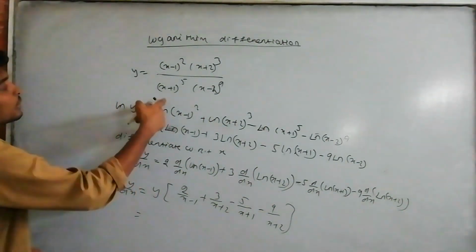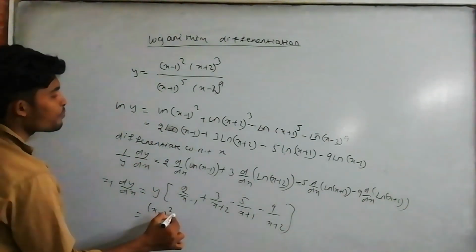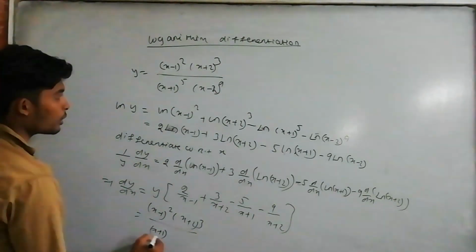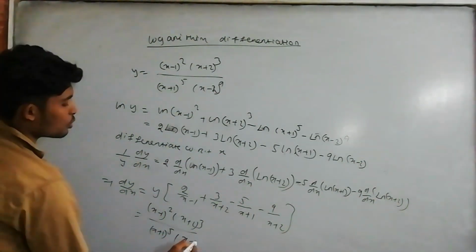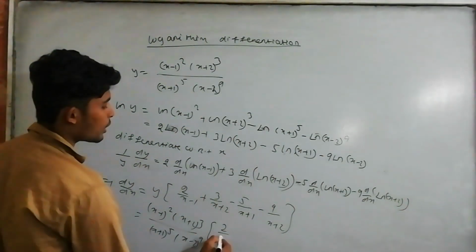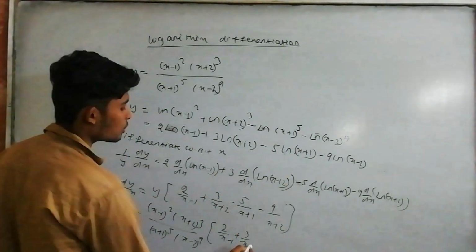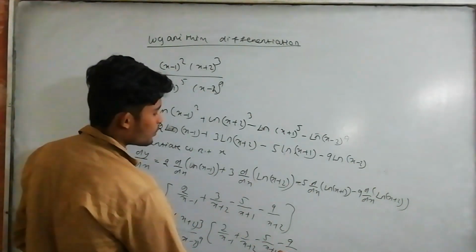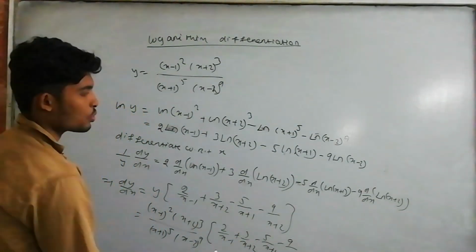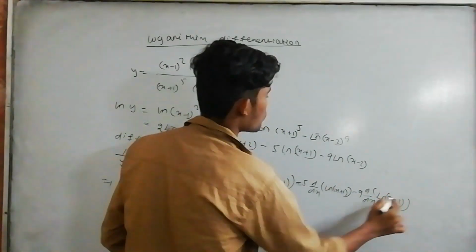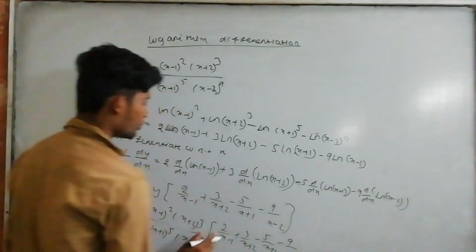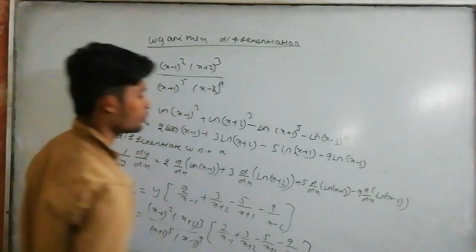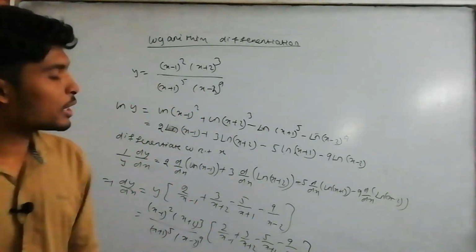And y is (x minus 1) whole square times (x plus 2) whole cube divided by (x plus 1) to the power 5 times (x minus 2) to the power 9, times (2 by (x minus 1) plus 3 by (x plus 2) minus 5 by (x plus 1) minus 9 by (x minus 2)). Sorry, this is x minus 2. It's an easy way to solve.